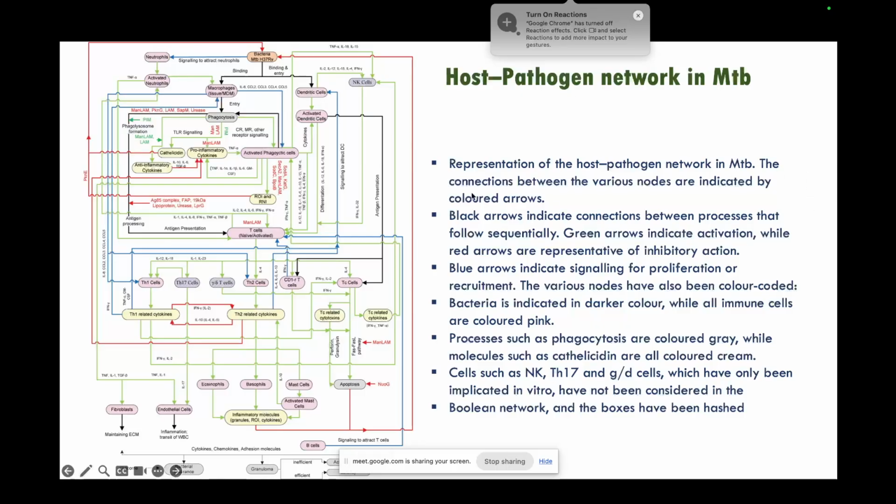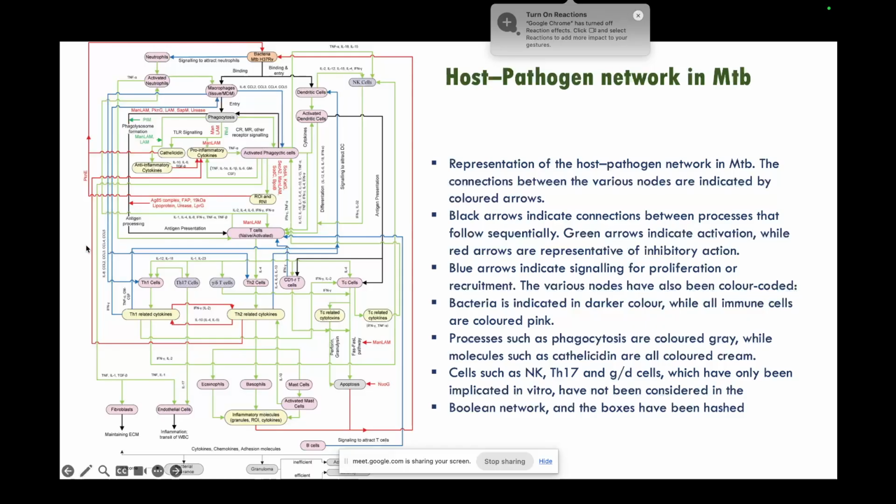So the connections between the various nodes are indicated by the colored arrows. The black arrows indicate connections between processes that follow sequentially. Green arrows indicate activation, while red arrows are representative of inhibitory reactions. So it's very clear in that sense. Bacteria is indicated in darker colors.